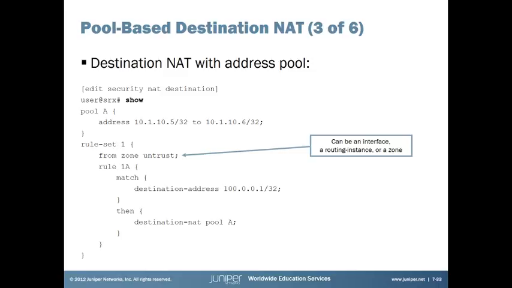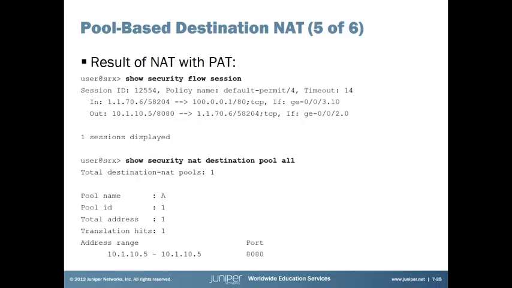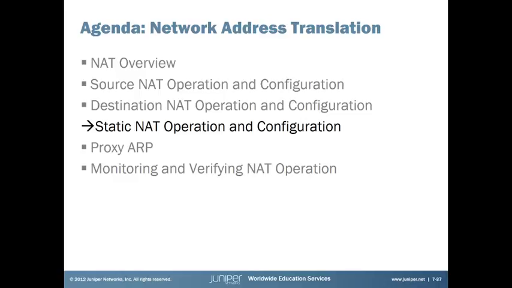Destination NAT with an address pool. This is where we've got an address pool in pool A, and with port translation, this is where it's usually used. That's the result of that. What I might do here is show you an example of destination NAT.